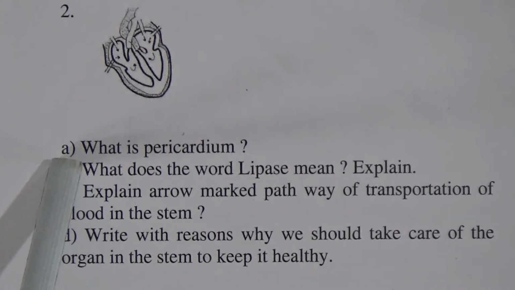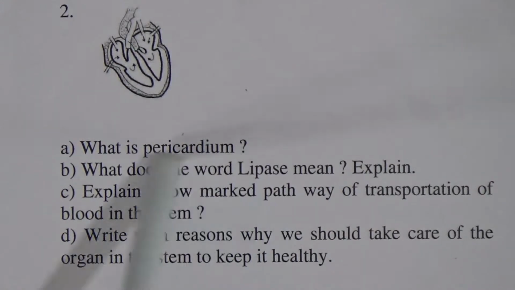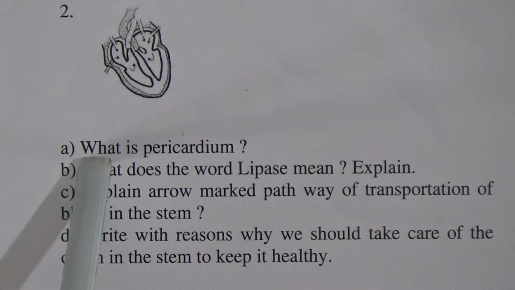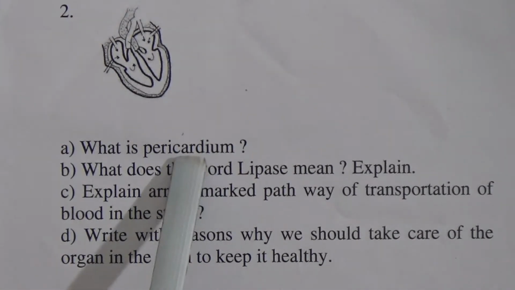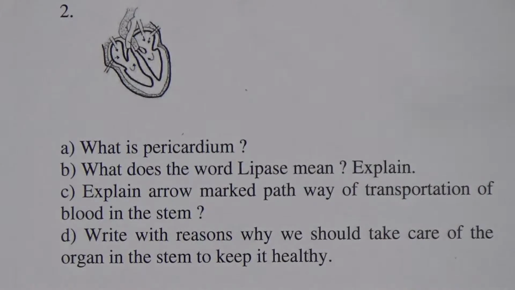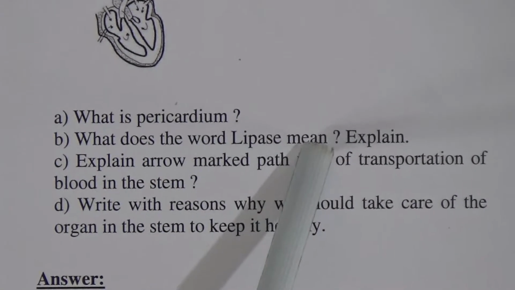A number question was, what is pericardium? I have already discussed this answer in our lecture number 8, but I will tell this again. What is pericardium? The heart is covered with two layered thin membranes called pericardium. Now B number question is, what does the word lipase mean?